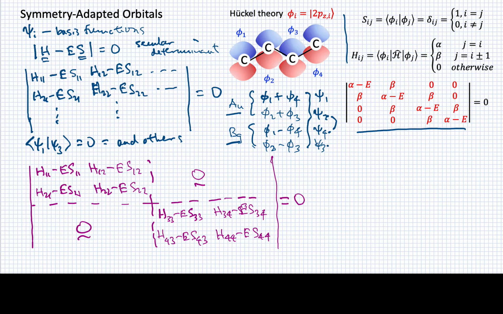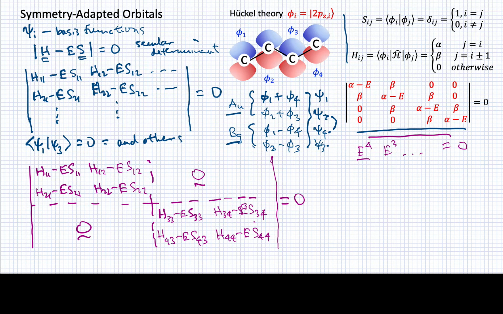So the Huckel theory approach results in several zeros in here, but not block diagonal. And because it's not block diagonal, this means that ultimately the equation we need to solve is a quartic equation, that has terms with E to the fourth and E cubed and so forth equal to 0.